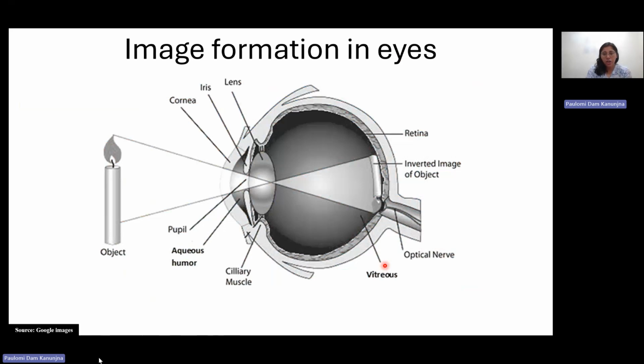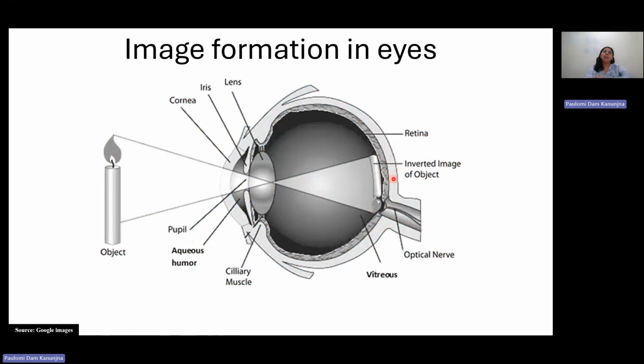Now, if your light gets focused on your retina, remember the image formed on the retina is an inverted image. If you have done the pictures of image formation, we know it forms a real inverted image. Similarly, the eye also forms a real inverted image on the retina, right?